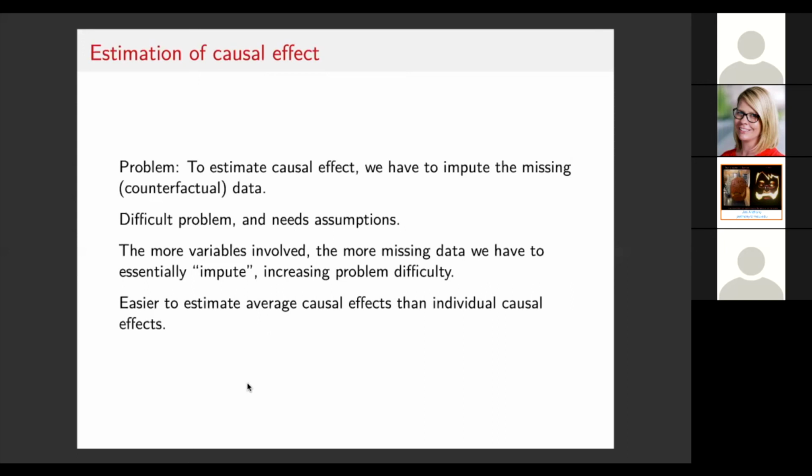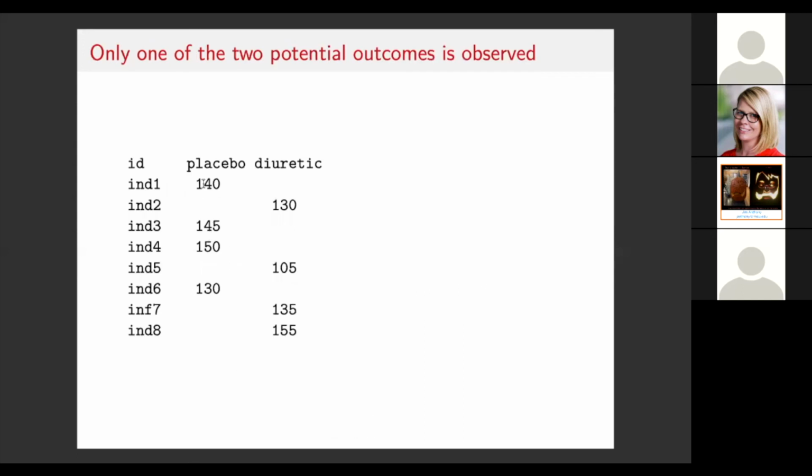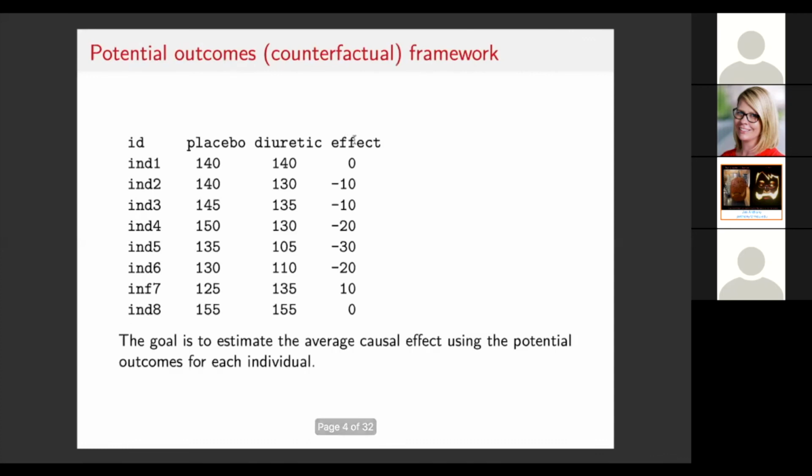And note that even with this way of randomizing, I can estimate the average of this column, the average of that column, and take the difference to get the average causal effect. But I still don't have a good way to estimate the individual level effects.